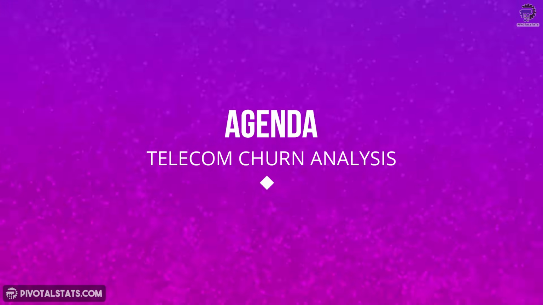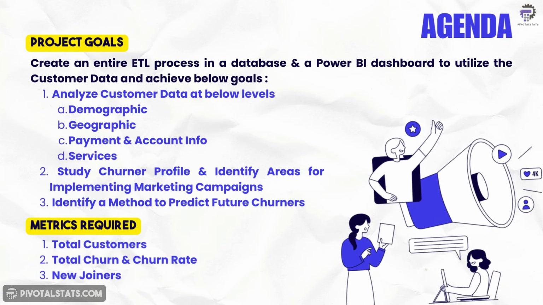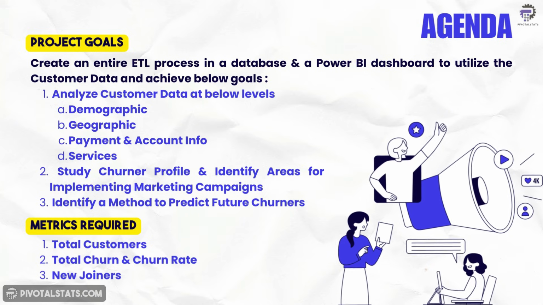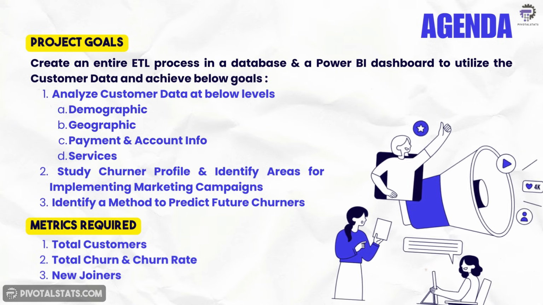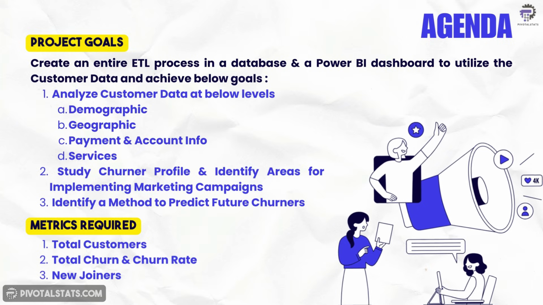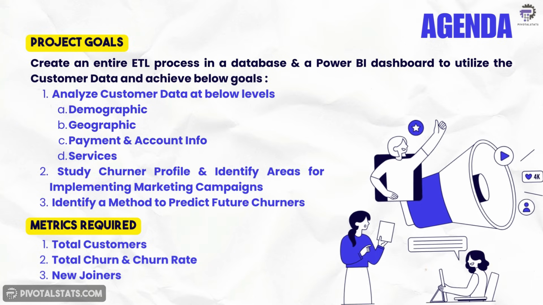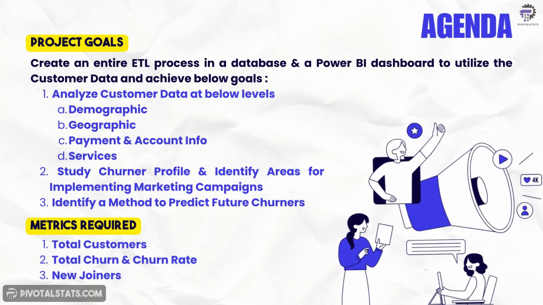Alright, so now let us quickly look at the agenda that we have for today. The project goal is pretty straightforward. We have to create an entire ETL process in a database and then a Power BI dashboard based on that database to utilize the customer data and achieve these goals. The first one is to analyze customer data at all the levels which are available.